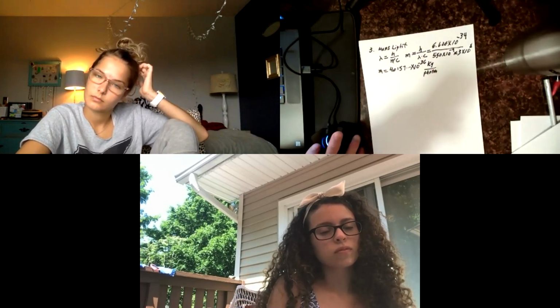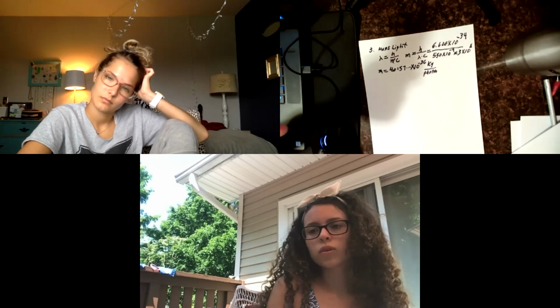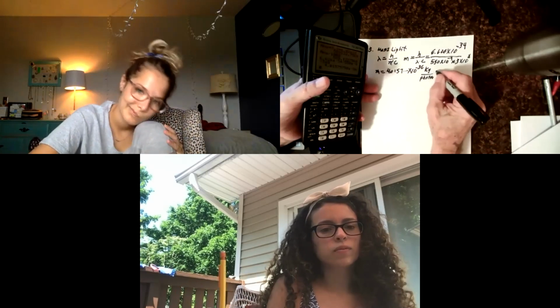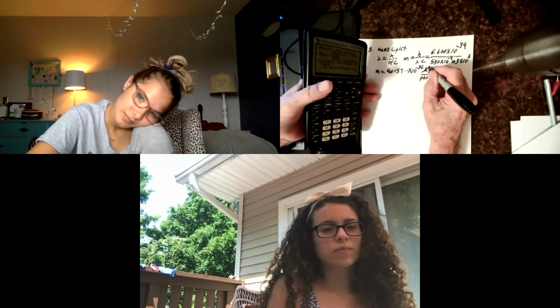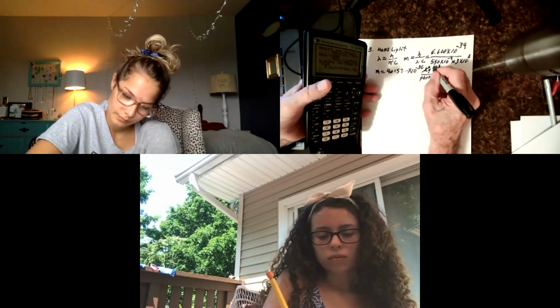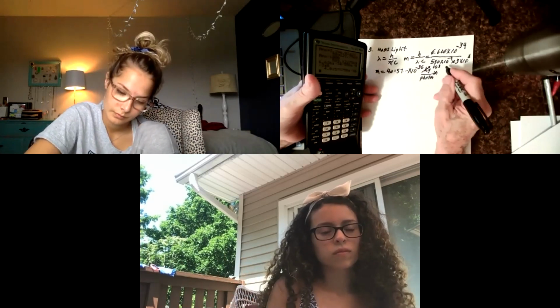Well, if I'm looking at the answers, my answers are in grams and not grams per photon. I can get the grams just by changing that number right there to 10 to the third. Now I've got grams, but I've got to get rid of photons. How many photons do I have?